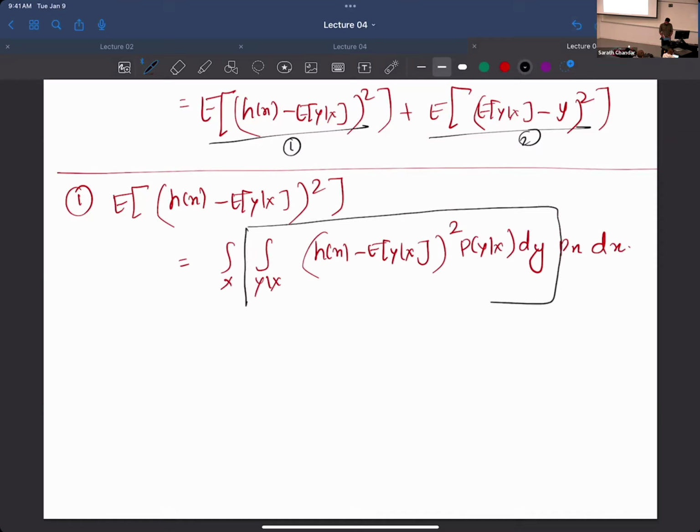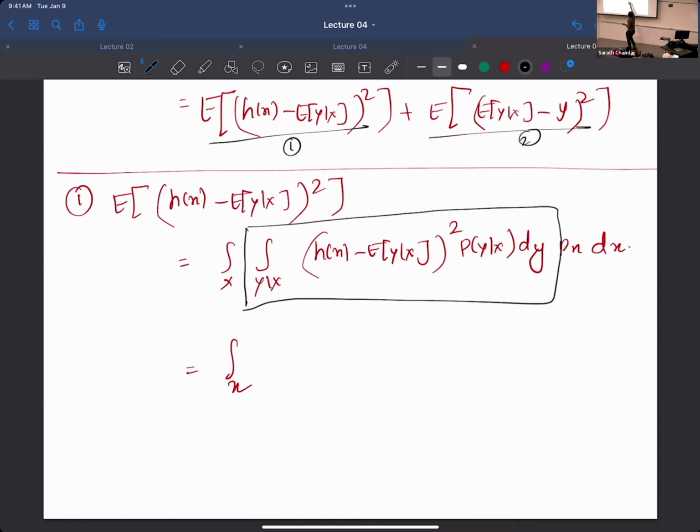Now, can someone tell me what this expectation is? This is basic probability. Think about it. Yes, but you can simplify this. I'm doing the integral over y given x of something multiplied by p of y given x dy. Yes, it is the definition of conditional expectation.